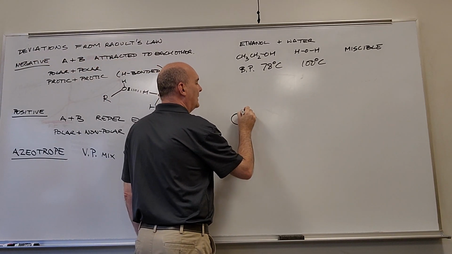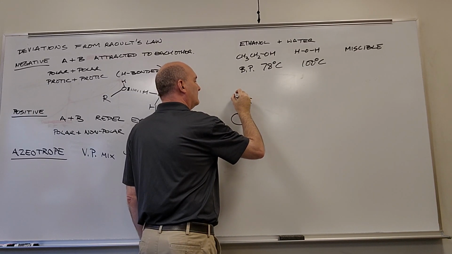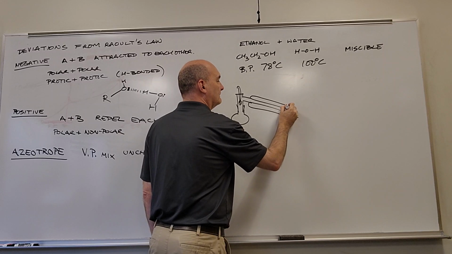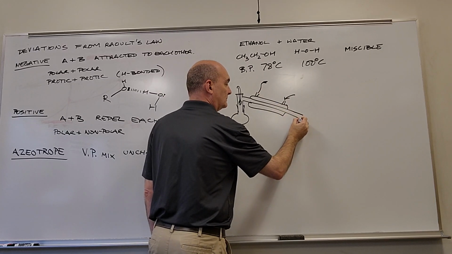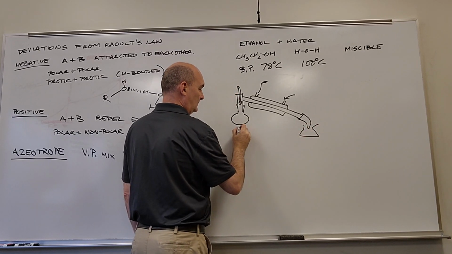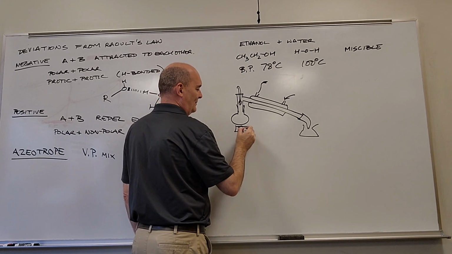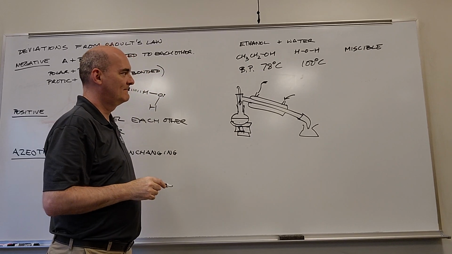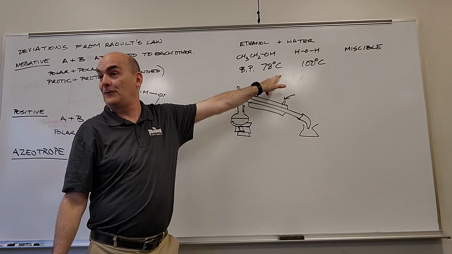So if I set up a distillation with a flame, hot plate, heating mat, okay, and I put alcohol and water in there, the alcohol boils 22 degrees before the water does.